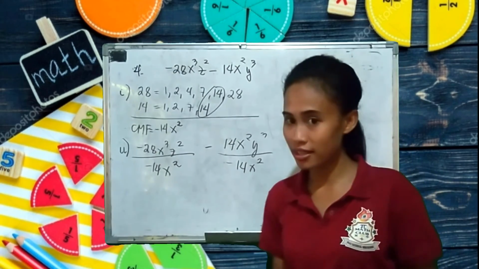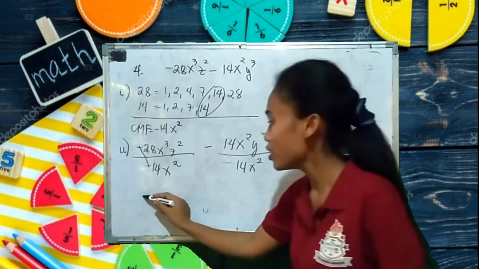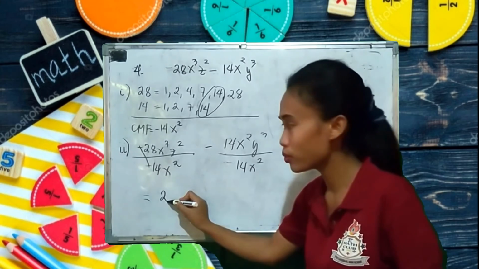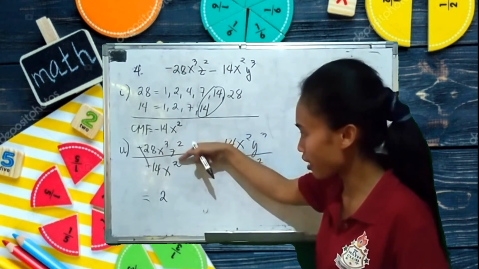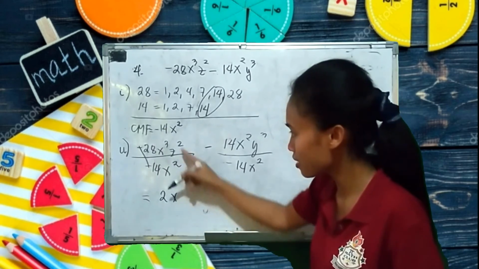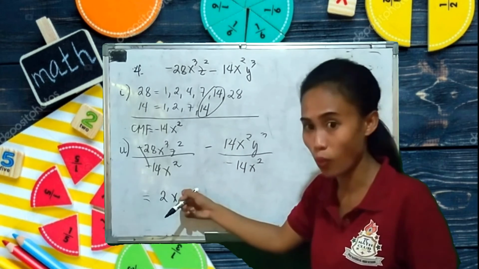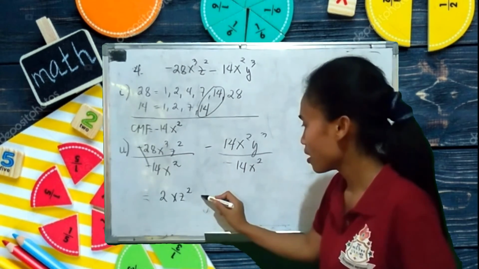Negative divided by negative is positive, or we may simply cancel that one. 28 divided by 14 is equal to 2. X cubed divided by x squared, you subtract their exponents, copy the base, and then 3 minus 2 is equal to 1, or you may not write 1. And then copy z squared.